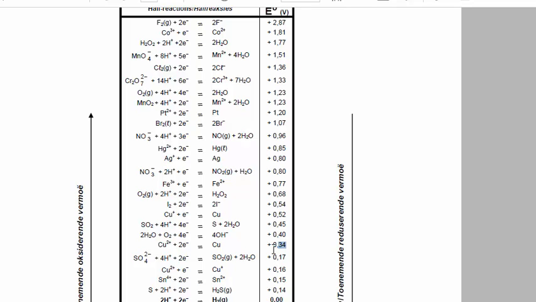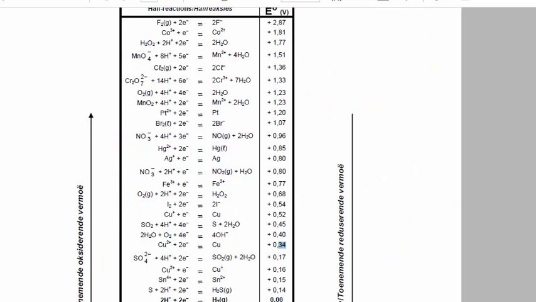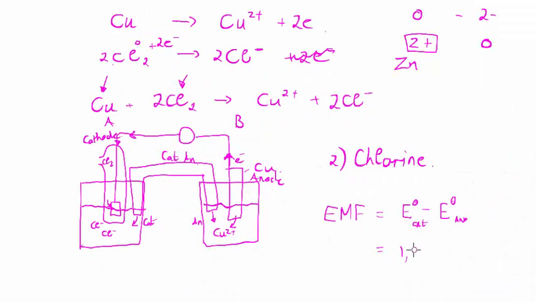If it was zinc, for example, it wasn't zinc, it was copper. So in other words, we would take 1,36 minus 0,34. And that will give me 1,02 volts.